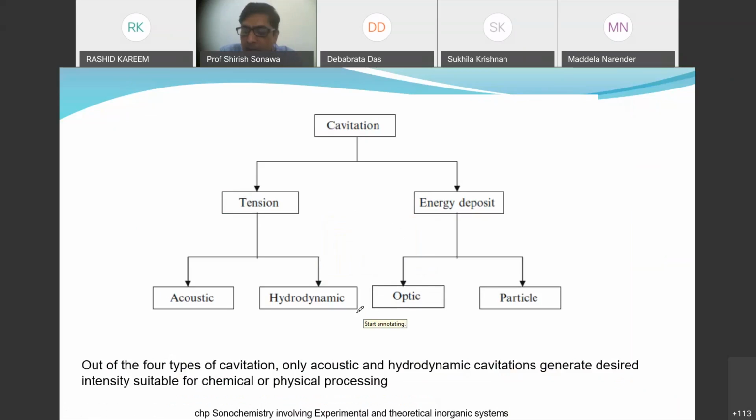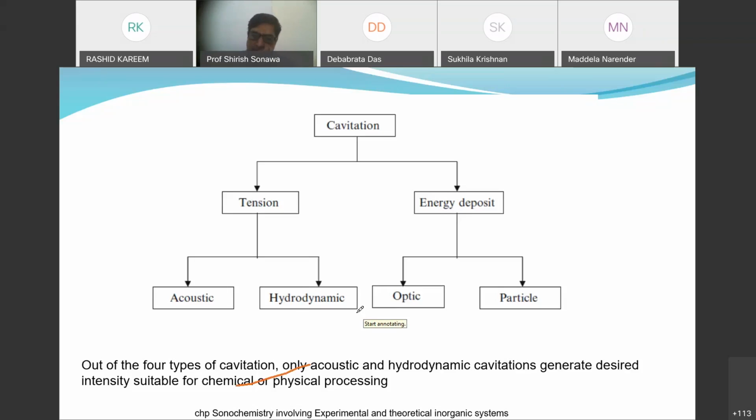Now, in the morning, Professor Ashok discussed this cavitation phenomenon, how the bubble formation occurs, how the cavities collapse, and what is the utilization of that cavity collapse when it happens. Basically, radical generation is one of the important aspects of acoustic cavitation. And second, there are two important effects.